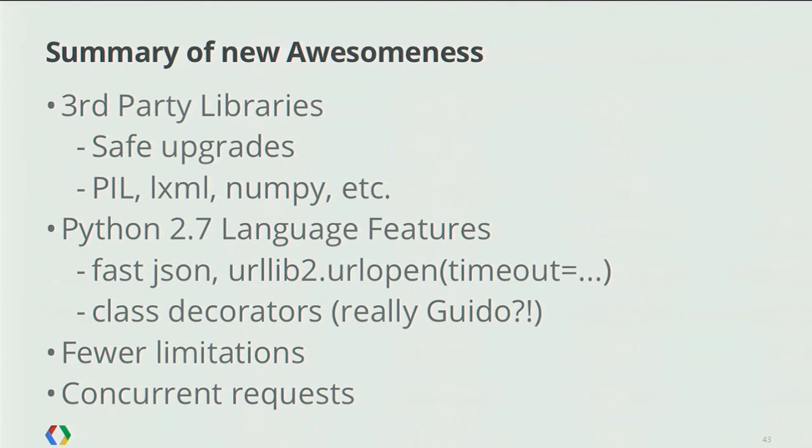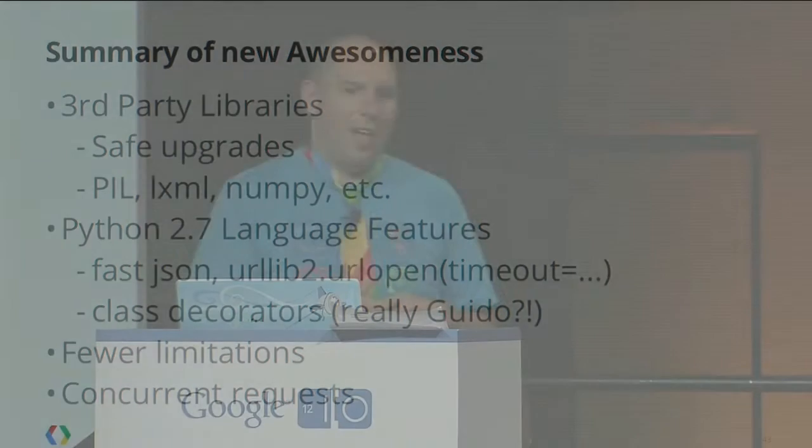There are some Python 2.7 features that are really useful for web application development, and some other features that are really esoteric, but core Python developers seem to like them. We have fewer limitations in the runtime, and finally, we support concurrent requests, which have the potential to save you some serious money and/or make your apps faster for your users.